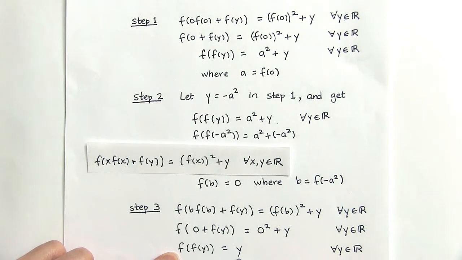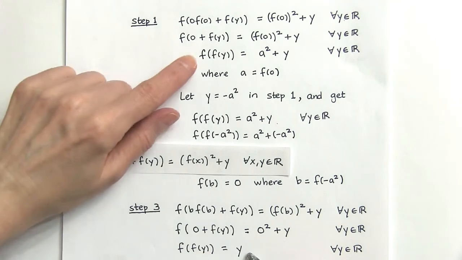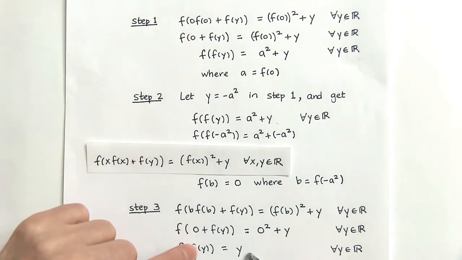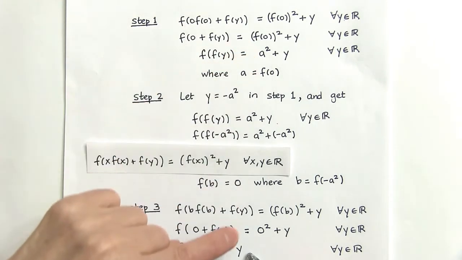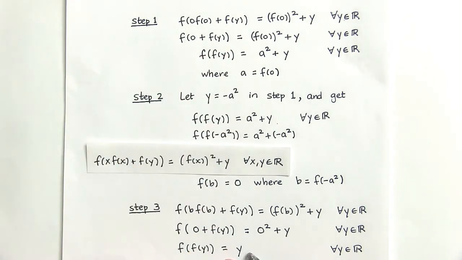Wow, that tells us two things. First off, we've just discovered that f is its own inverse function, because f evaluated at f at y is y for every real number y. And also, combining this result with step 1, we've just discovered that a must equal 0.